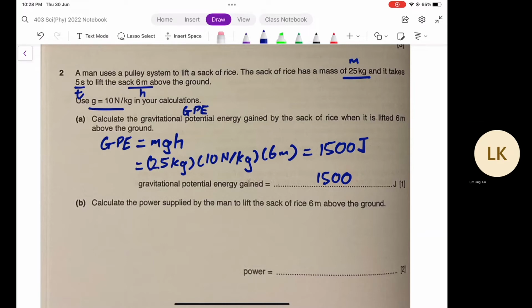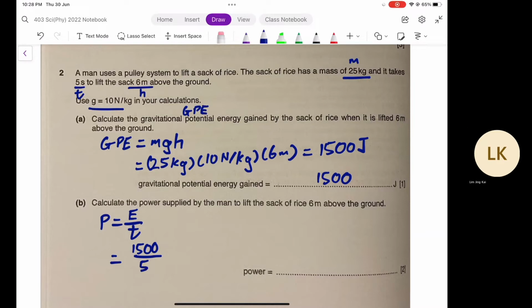For part B, calculate the power supplied by the man to lift the sack 6 meters above the ground. Now, when we look at this question, we know that power is equals to energy divided by time. And this is something that you have to remember. With this information, we can also link the energy back to part A, which is gravitational potential energy, because that's the only energy available in this question.